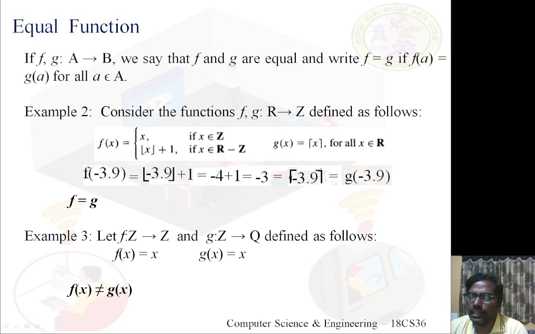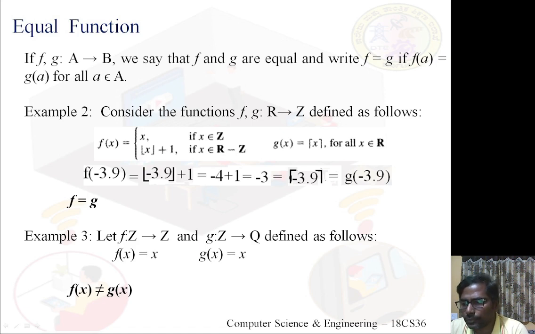I mean, the function f is both one-to-one and onto. When you analyze function g, you see it's just one-to-one but not onto. So g is not a one-to-one correspondence. So the functions f and g in example 3 are not equal.